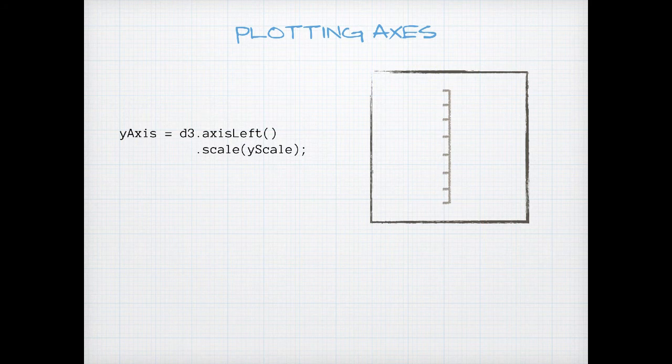Building an axis is actually surprisingly easy. Here, for example, is how we build an axis left. We just tell D3 to build one. And the other thing that we do, crucially, is give the axis a scale. What the scale does is tell D3 exactly how big to build that thing.